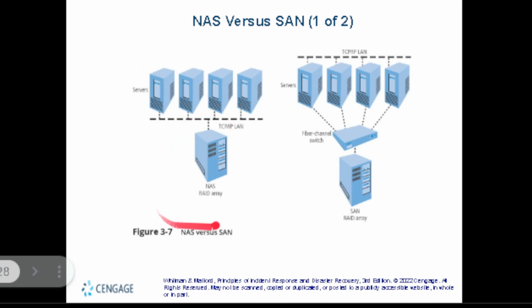So here's your network attached storage, where multiple servers connect to a RAID array, or you have a storage area network where you have special channels between storage units connected to the server. Typically this is more expensive but faster. And for you, just recognize the term is, well, storage on the network, one is more expensive than another.